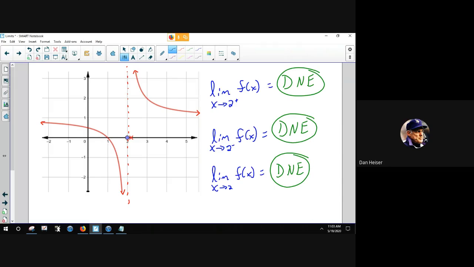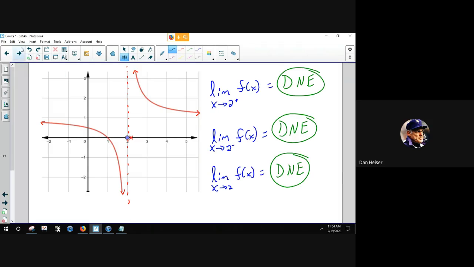For a function to have a limit, or a right-hand or a left-hand limit, it has to be approaching a value. This is rising, this is falling forever. It's not approaching any value. It's just continuously growing, faster and faster and faster, continuously falling faster and faster and faster.